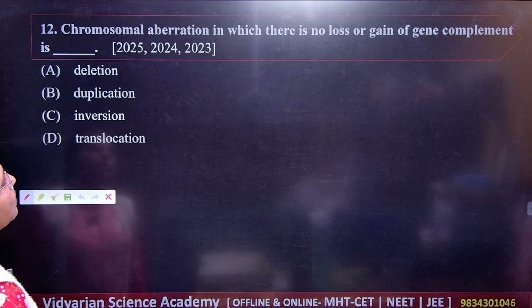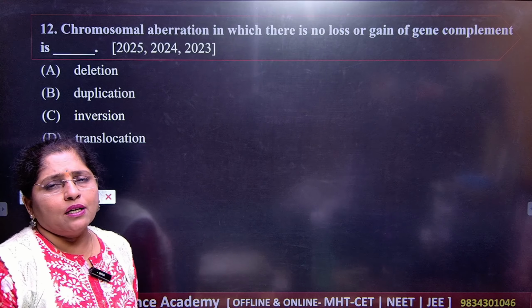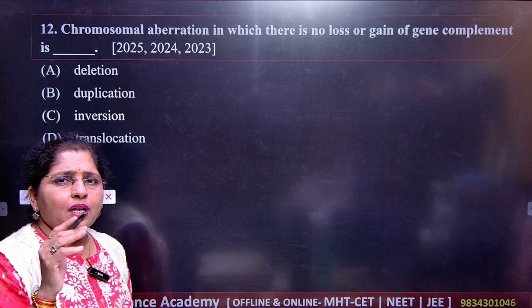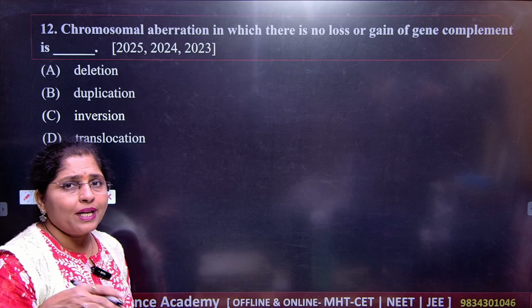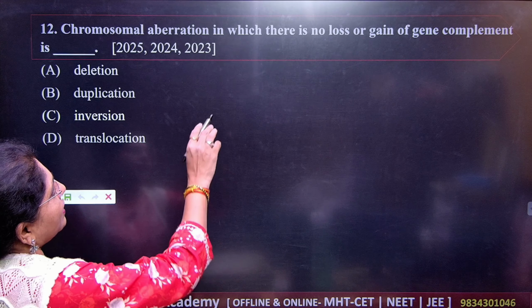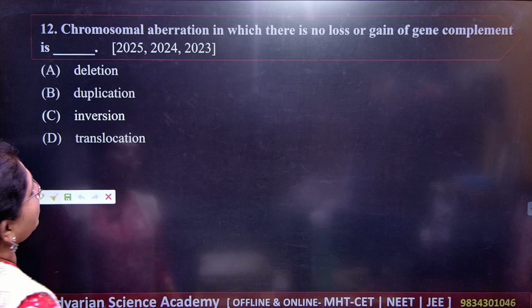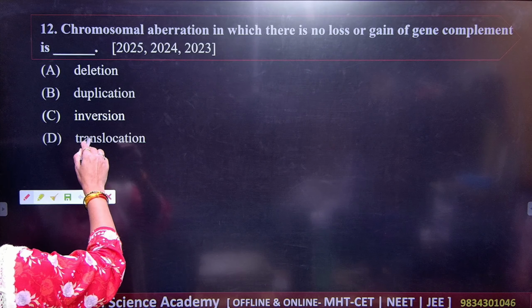Next, chromosomal aberrations. You know, aberrations are what here? The sequences change and all these things. Chromosomal dysfunctioning and disorganization is called chromosomal aberrations, right? There is no loss or gain in the gene complement in dash: deletion, duplication, inversion, and translocation.